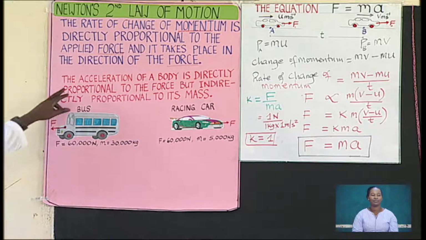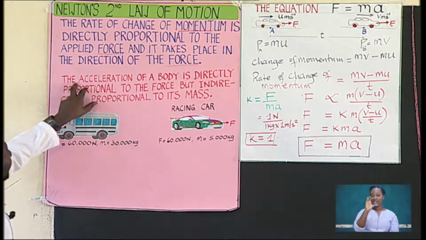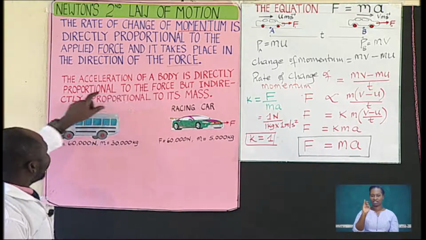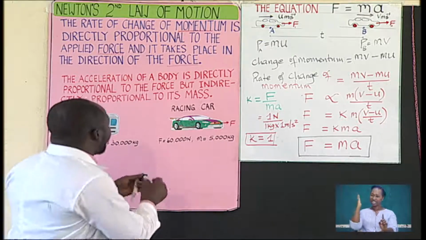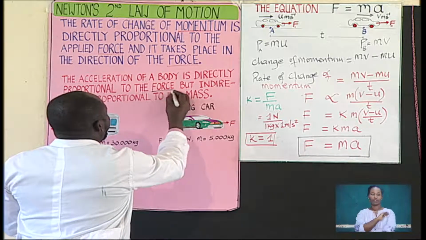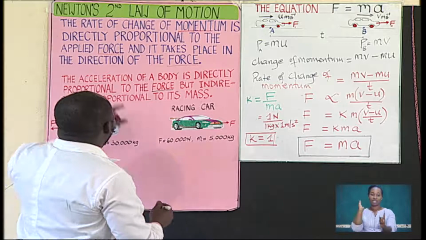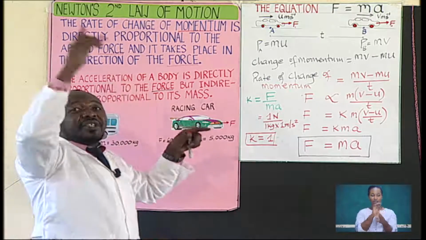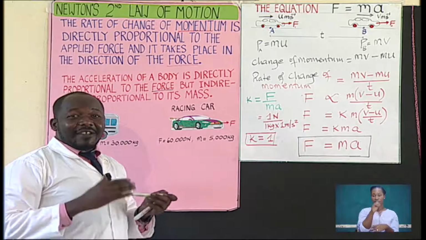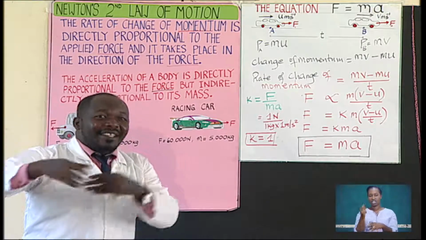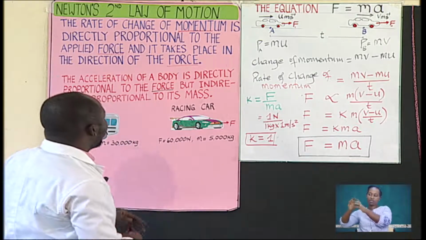Good. The acceleration of a body is directly proportional to the force. Directly proportional to the force means the acceleration increases with the force. The bigger the force on a body, the bigger the acceleration.